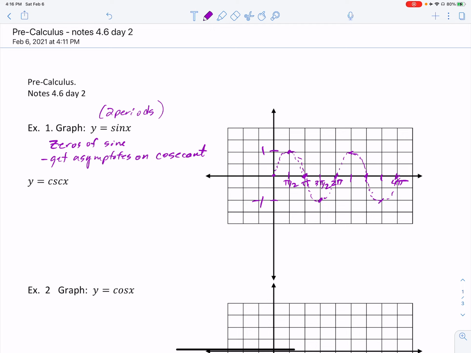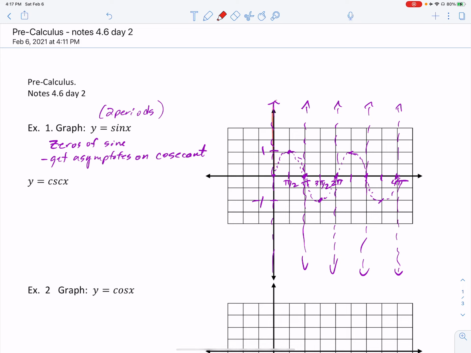And the asymptotes on the cosecant are where sine is 0, because you get the reciprocal, you get 0 in the denominator, and so we are going to have vertical asymptotes every place we have 0 on sine.